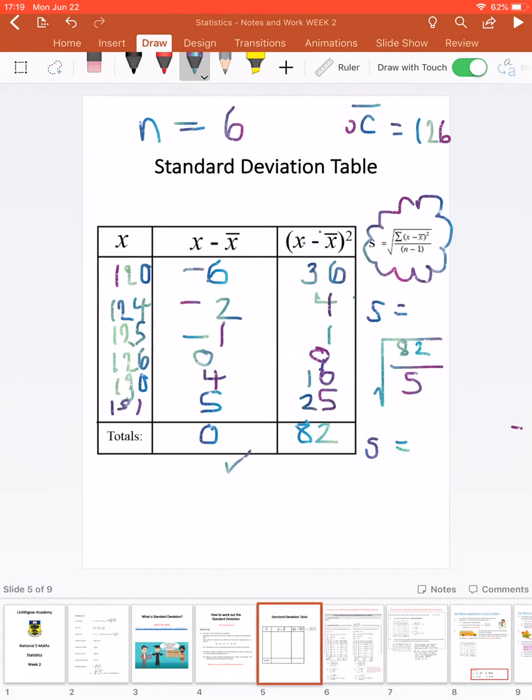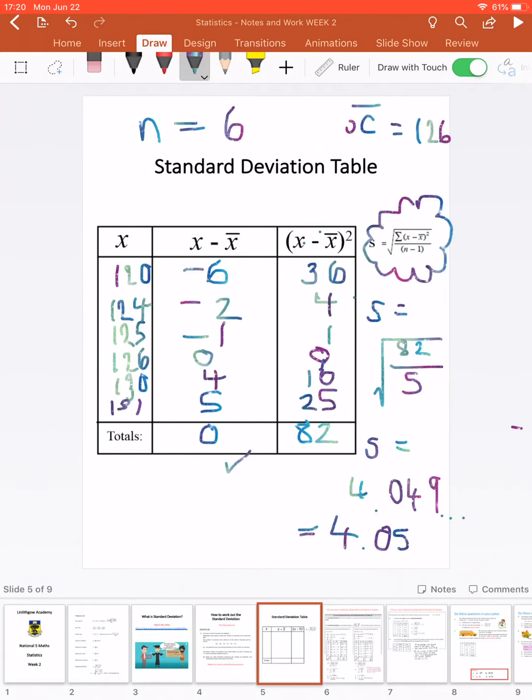So we'll do this part in the calculator. The square root of 82 divided by 5. Make sure you type it in exactly like this with the large square root, 82 on the top of the fraction on the numerator and 5 on the denominator. That's given you 4.049... And I'm going to round that to 2 decimal places. 4.05.